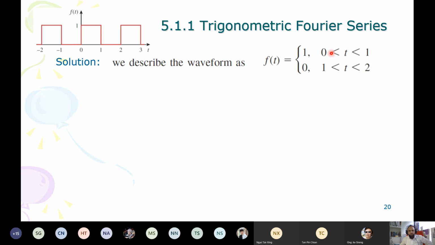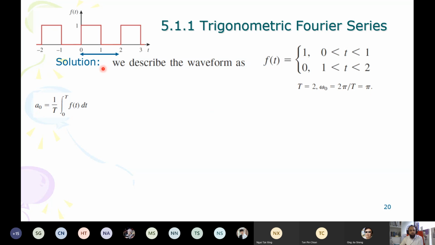Between 0 and 1 it's equal to 1, and between 1 and 2 it's equal to 0. What is the time period of this function? The time period is 2. That's why omega naught is equal to 2 pi by T, or just pi. So the fundamental frequency is pi, and then we will be looking at pi, 2 pi, 3 pi, 4 pi as the harmonic frequencies.